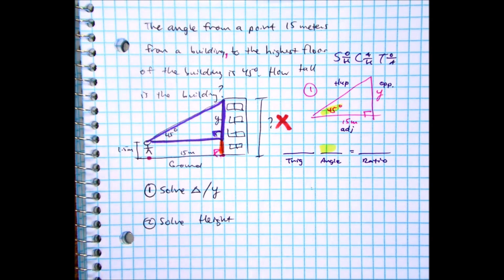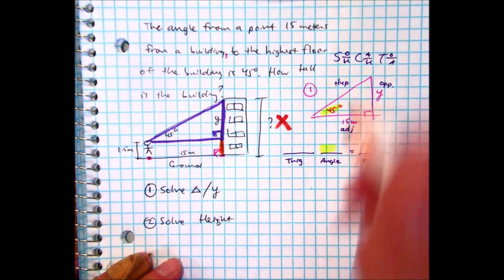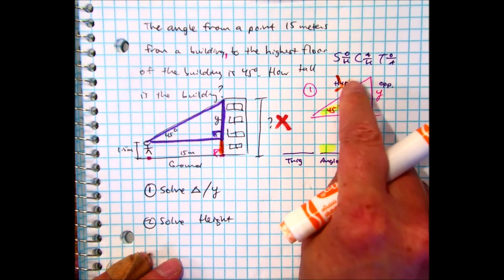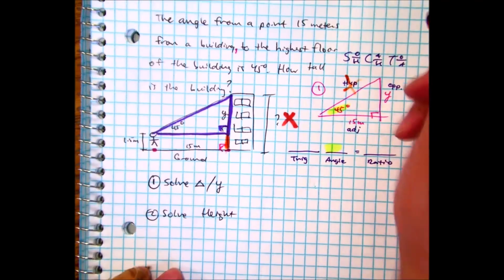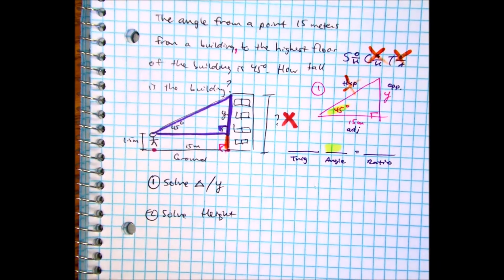Class, which side do we not need? Notice how the hypotenuse does not have a side length or a variable. Do you guys see that? Yeah. So if I cross off the hypotenuse, we are using which one, class?